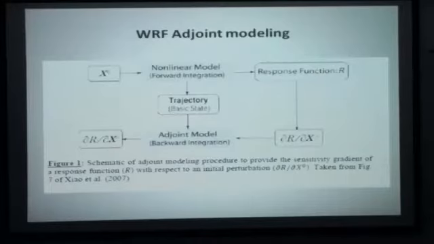To determine the forecast sensitivity, we take this response function and run a linearized model, or adjoint model, backwards in time to determine the sensitivity with respect to the initial conditions. Unfortunately, I don't have time to get into all of the mathematics, but conceptually it is an objective technique to assess the sensitivity to the specification of initial conditions.